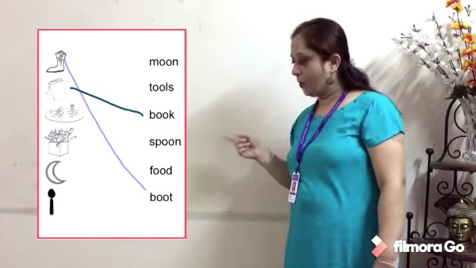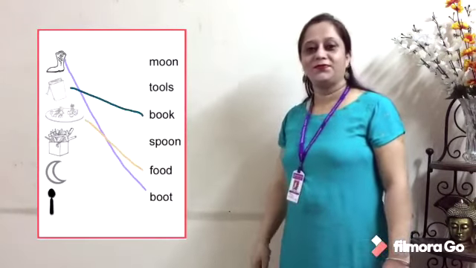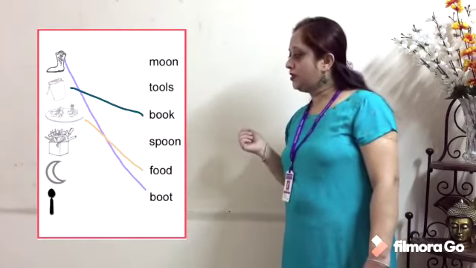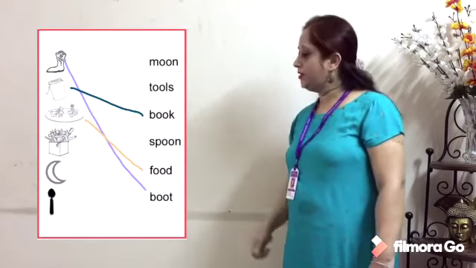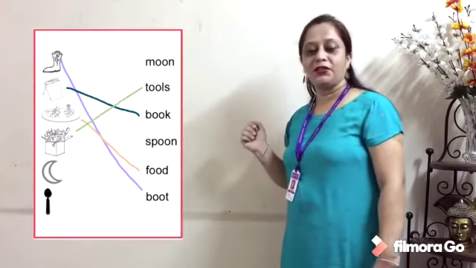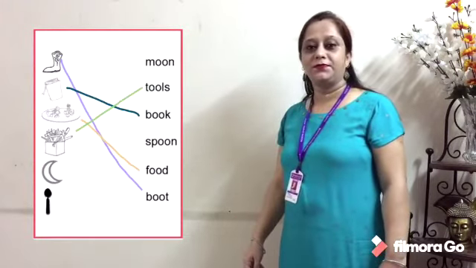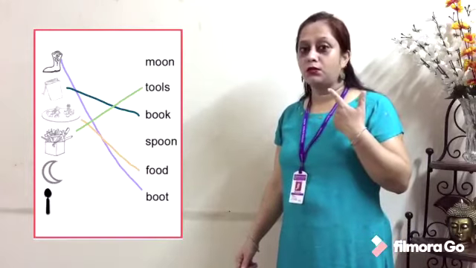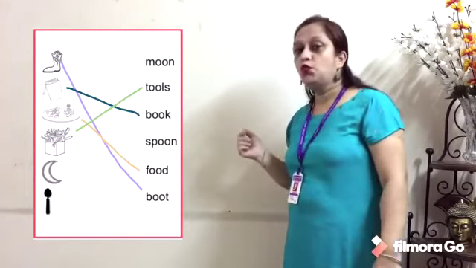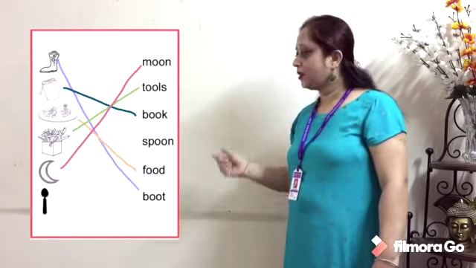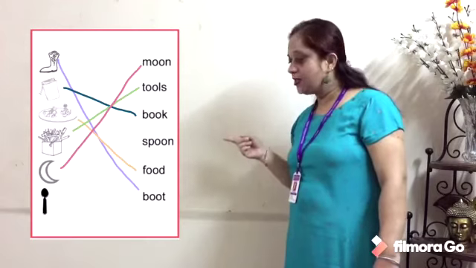Food. Now match the word. Tools. Match the word. Moon. See the position of the mouth? See the O sound. Moon. Match the word with the picture. Spoon. The last one is spoon.